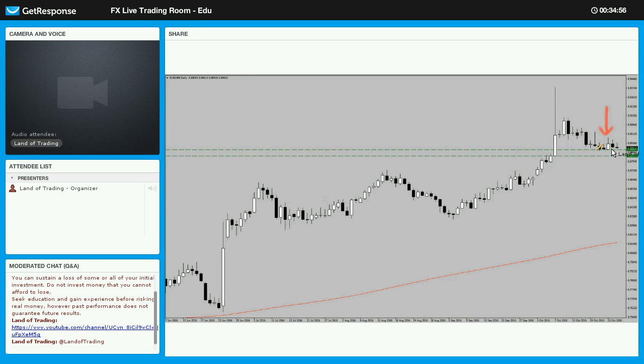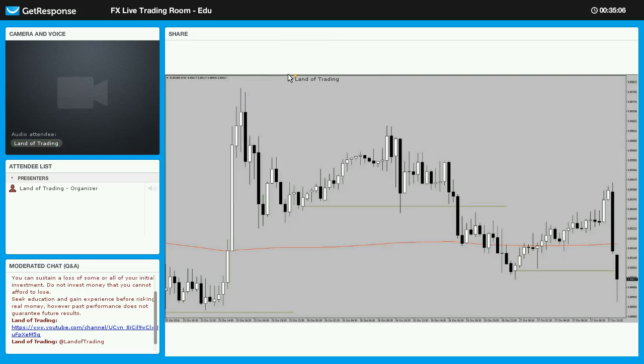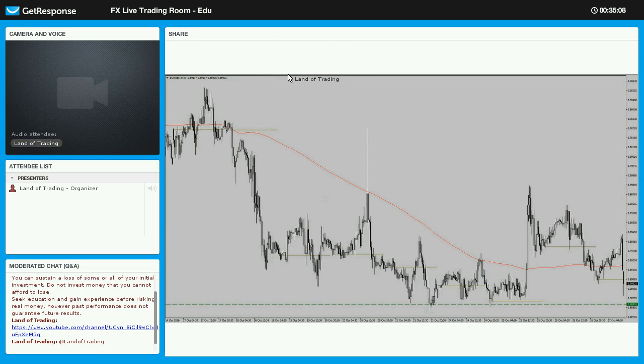Okay, so that's going to be quite nice to see them below this level. So let's switch to a smaller time frame, and we know that we are interested in 88.85 or so.